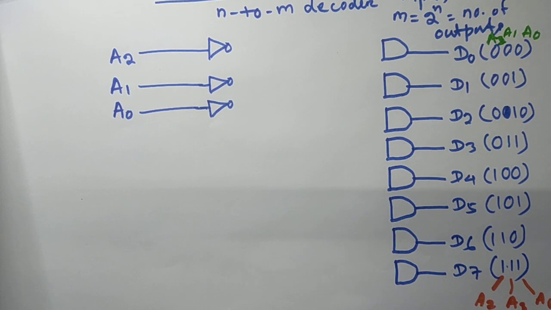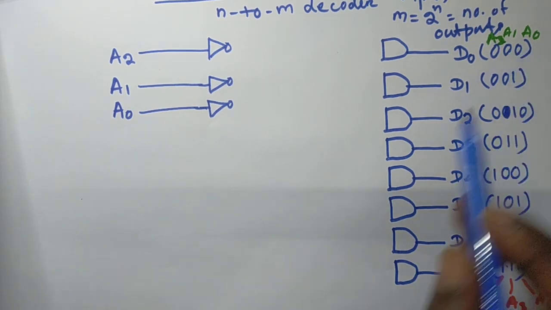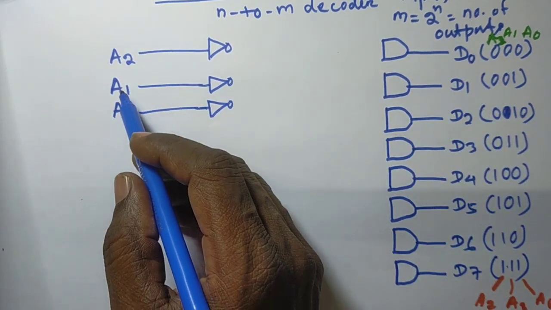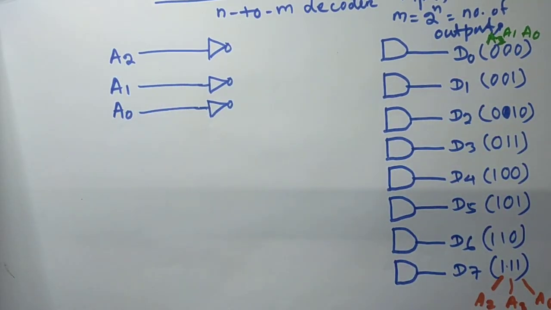Now we see, since it is 000, what happens? The input values A0, A1, A2 will be 0 as per this D0 output.